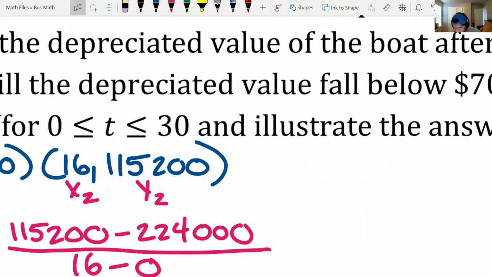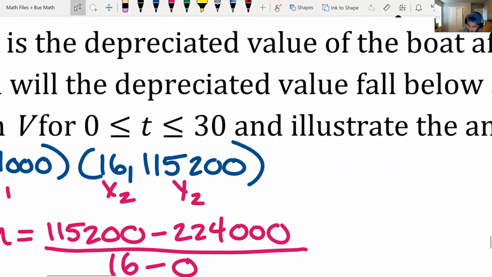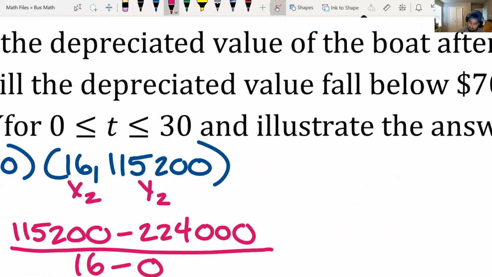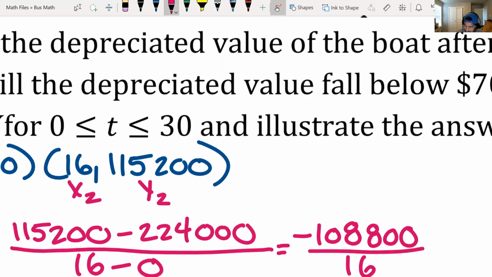All right, 115,200 minus 224,000 is negative 108,800 over 16.